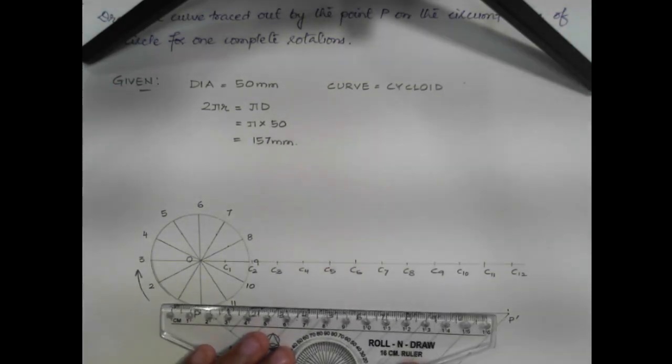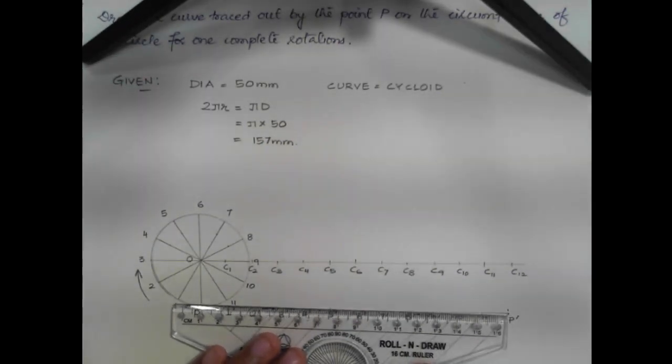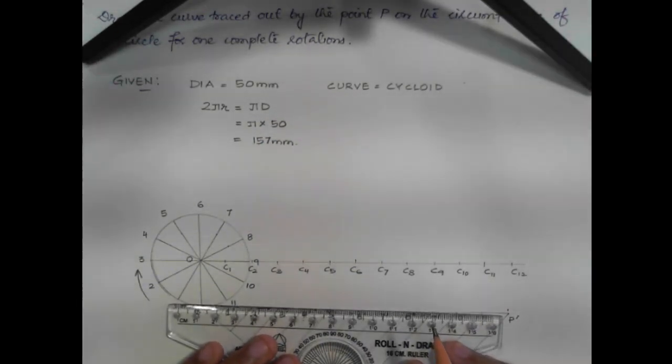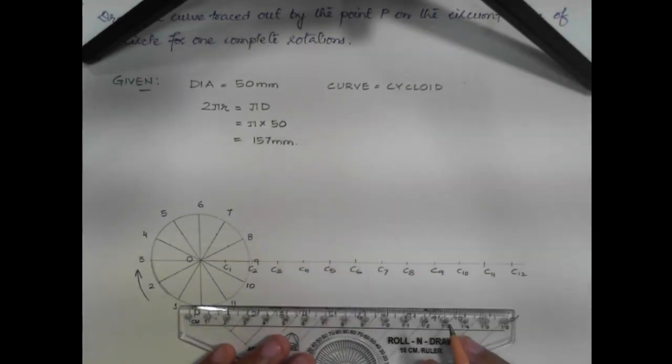Now what I'll do is I'll take lines which are going through points 1 and 11, 2 and 10, parallel to P and P dash.